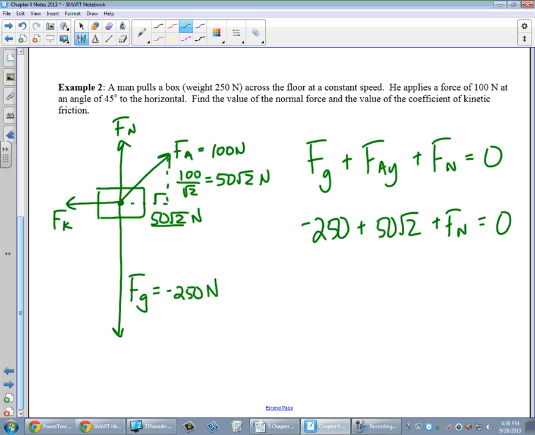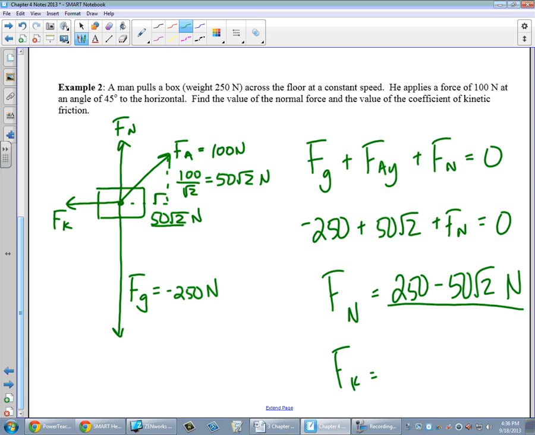If I were solving this problem without a calculator, when I solve for Fn, I would get 250 minus 50 times the square root of 2 as my answer. Fk, then, would be just 50 times the square root of 2. Because, again, these are my only horizontal components, and they must cancel each other out.